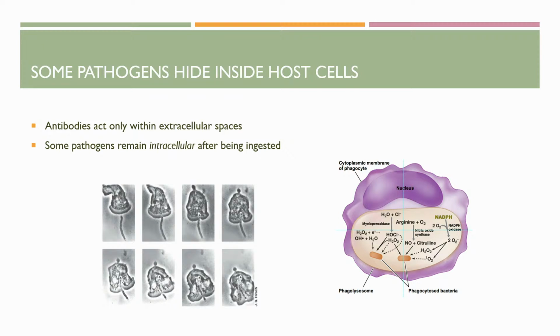Antibodies act within extracellular spaces, but some pathogens can stay inside of the cell after it's ingested. So even if a macrophage phagocytoses the bacteria and wants to present it to the adaptive immune response, some aspects of the adaptive immune response only work on things in the extracellular space. So some pathogens hide out.